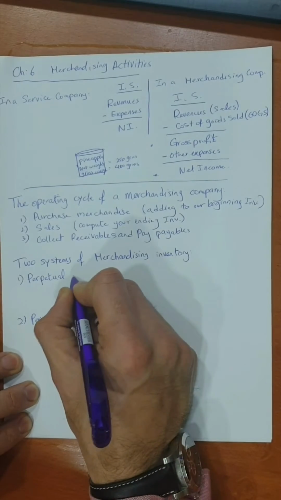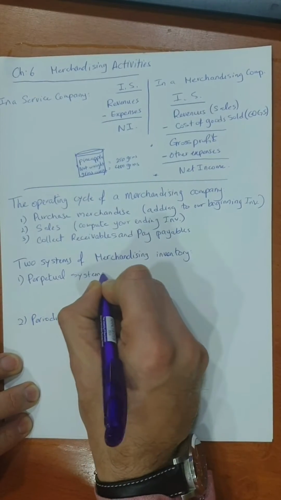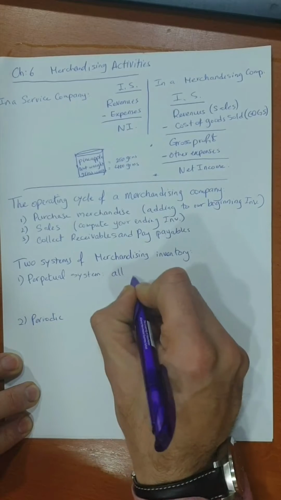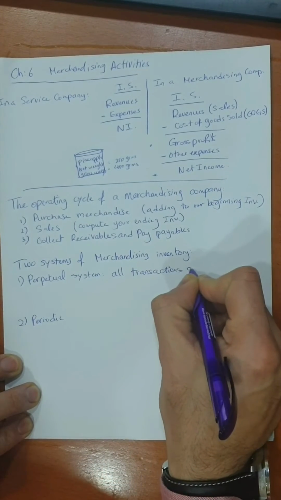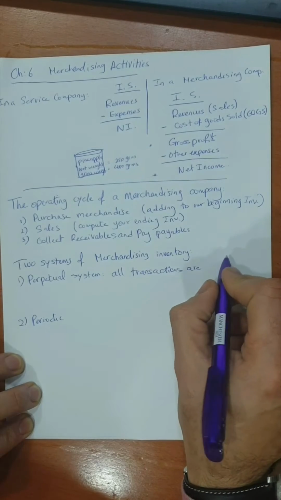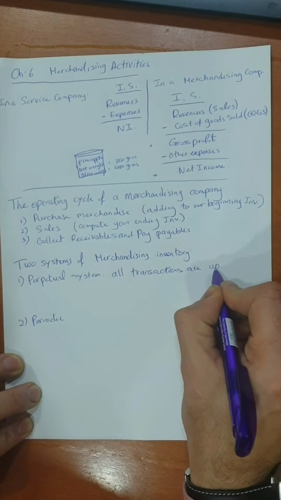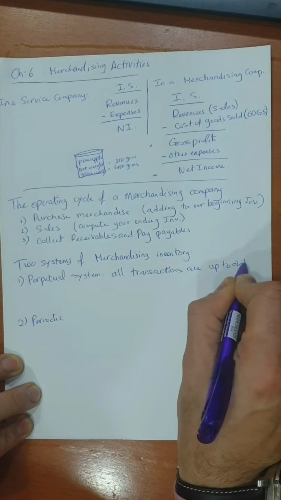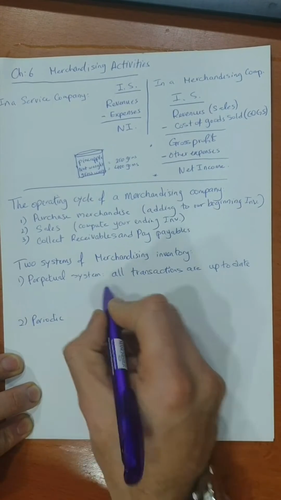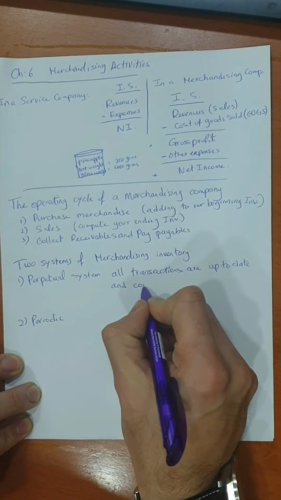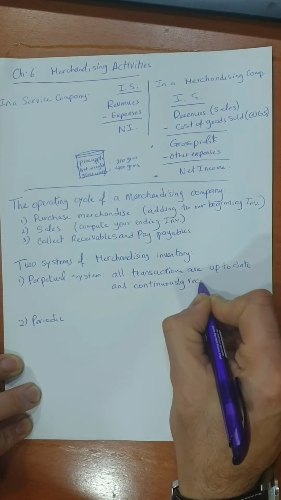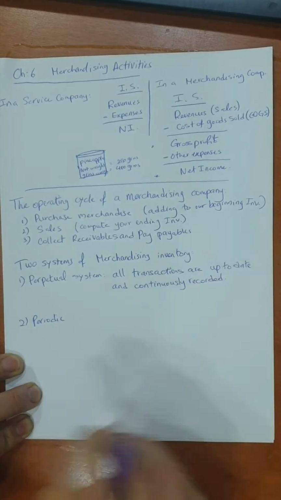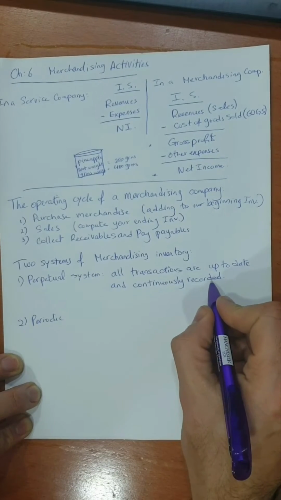So under the perpetual system, all transactions are up to date and continuously recorded. Okay, I'm talking recorded accounting wise.